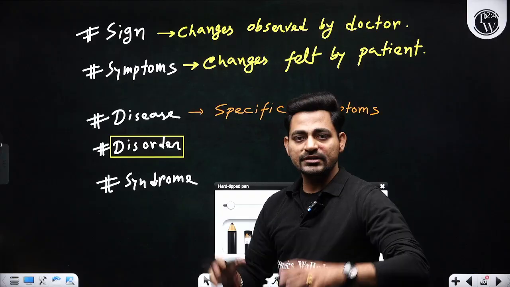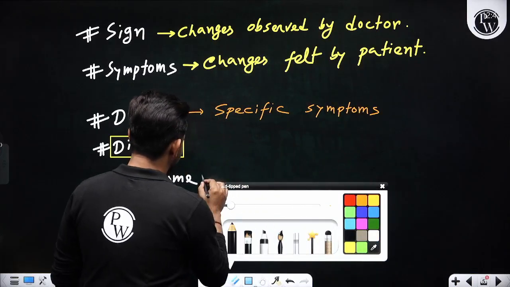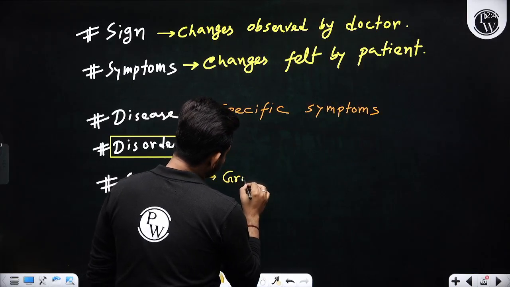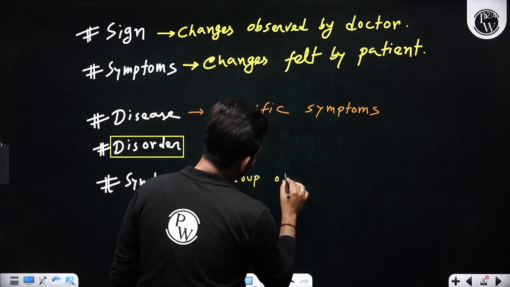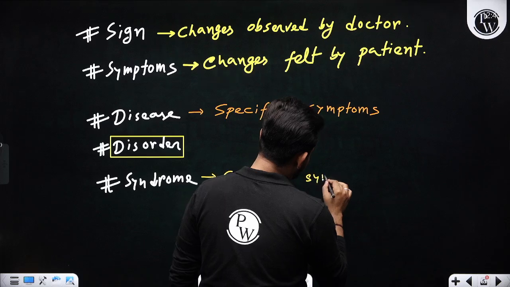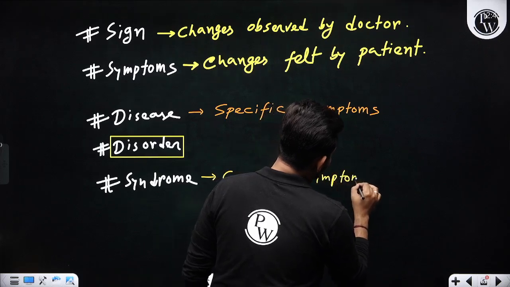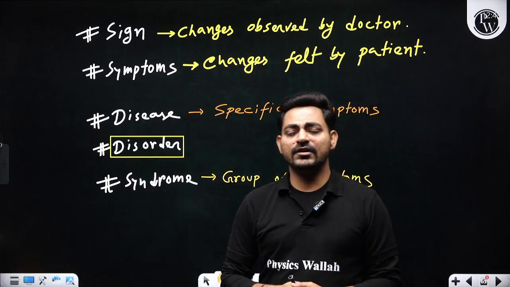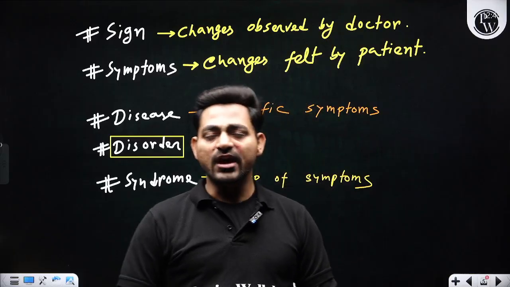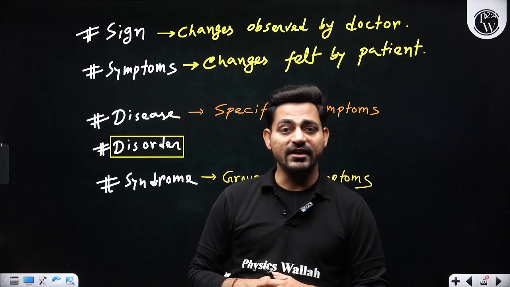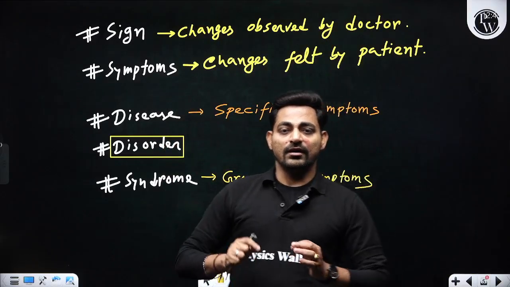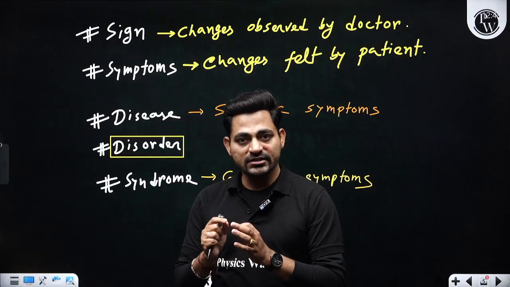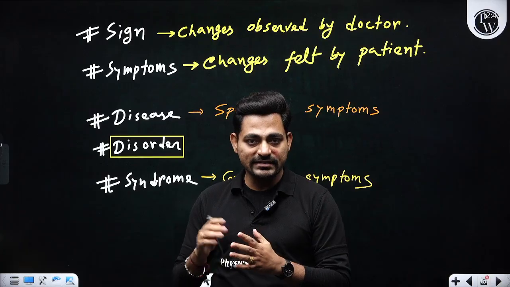And syndromes are a group of symptoms. Like if a person is affected by HIV, human immunodeficiency virus, the condition we call AIDS, acquired immunodeficiency syndrome. It's not a disease, it's a syndrome.